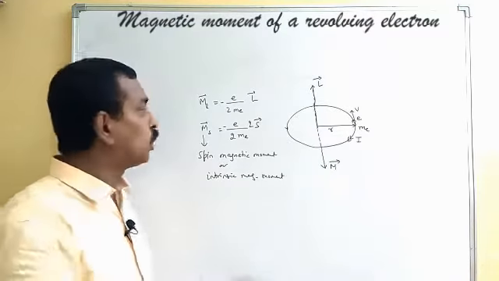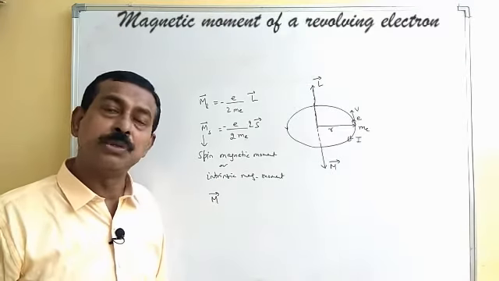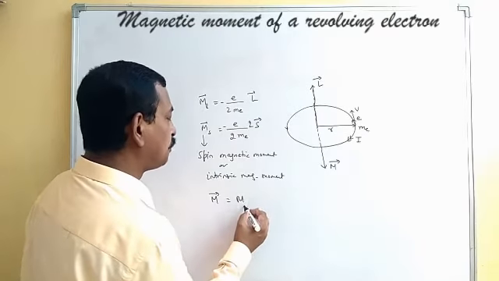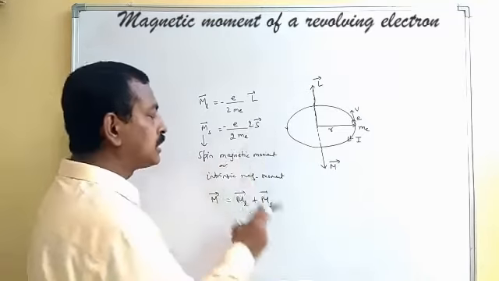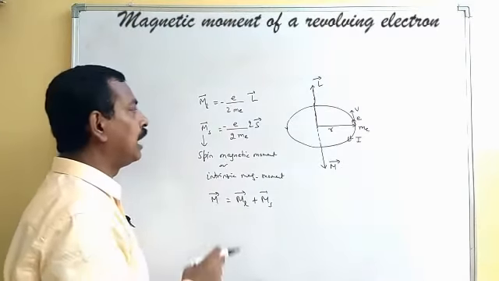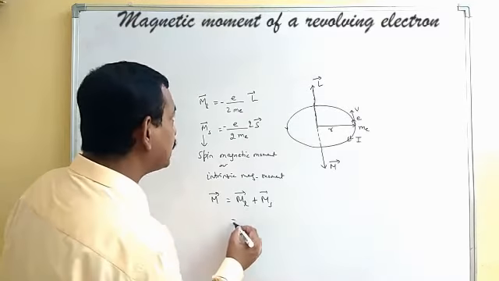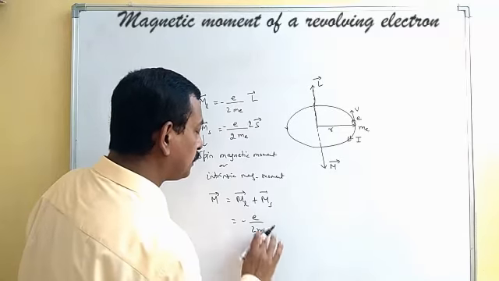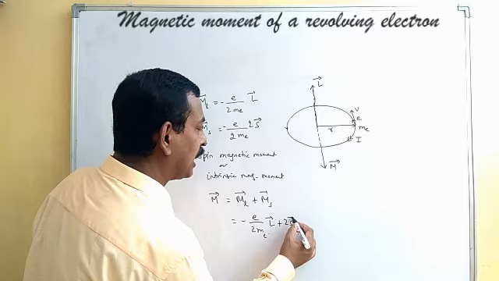So if you now consider the net magnetic moment of the electron, it will be the sum of the two, L plus ms. This ms we are taking as the spin magnetic moment. In that case you will get minus e by 2me times L plus 2 times s.